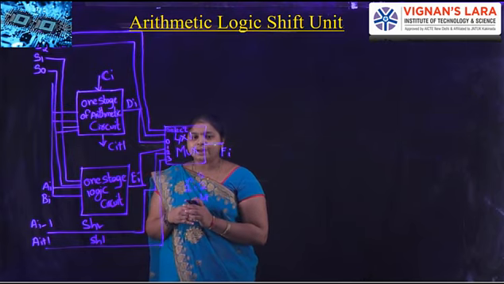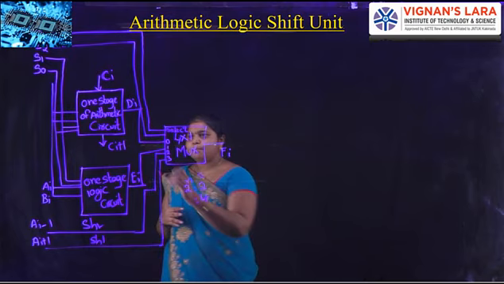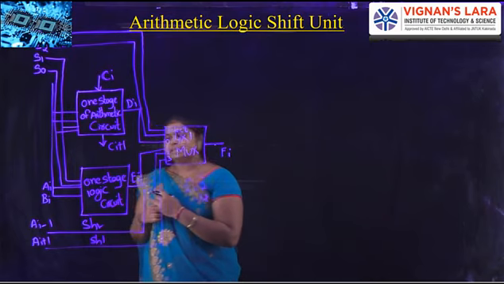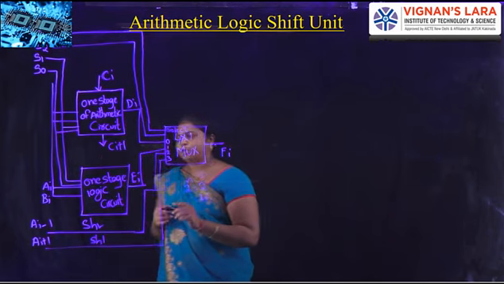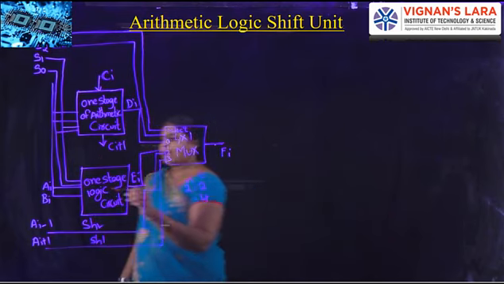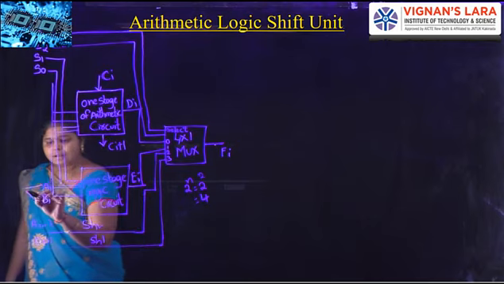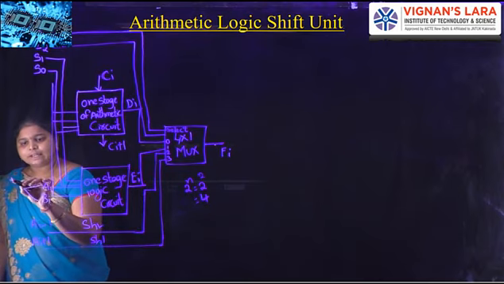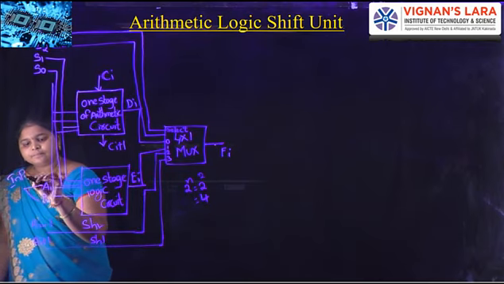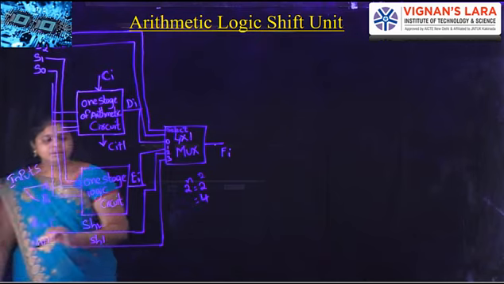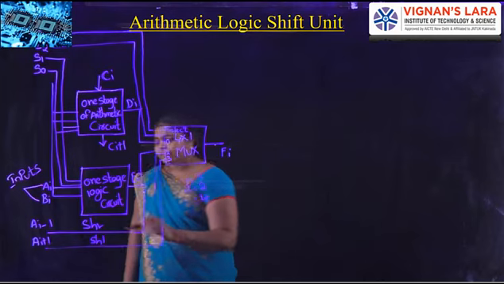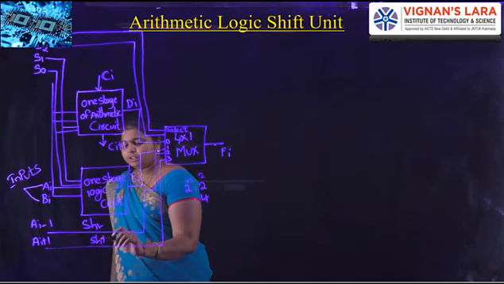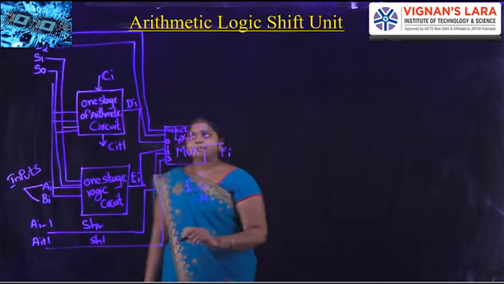S1 and S0 are used for the arithmetic circuit and logical circuit. Ai and Bi are inputs of the arithmetic and logical circuit. We also take shift right and shift left. Shift right means Ai minus 1 and shift left means Ai plus 1.